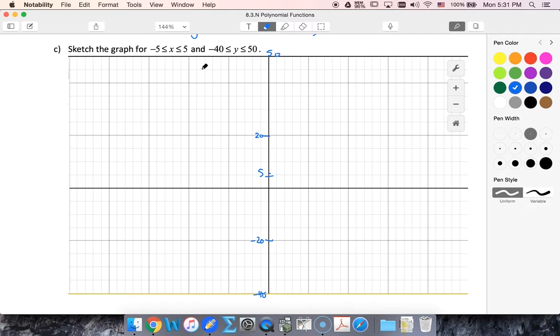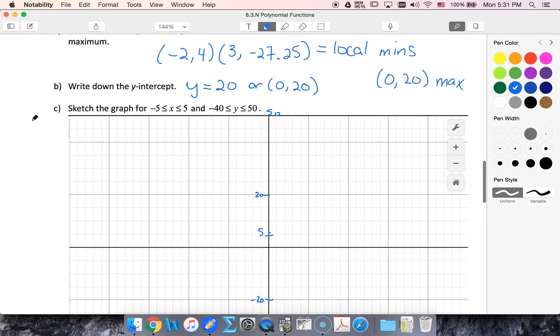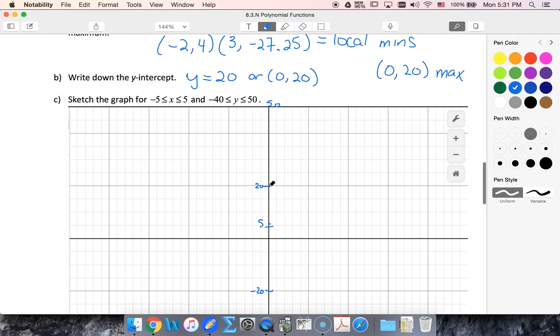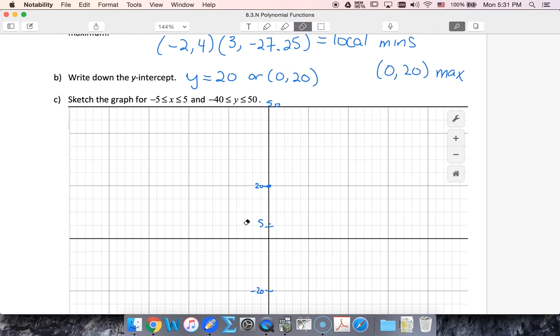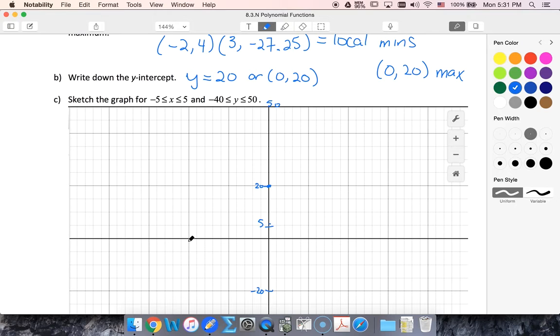All right, so we have our y-intercept at 20. We had -2, 4 as a key point, so -2, 4 is going to be around there. And then we had 3, -27, sorry, 1, 2, 3, 4, 5. If I'm going between -5 and 5, then my -2 must be here. So there's my -2, 4.